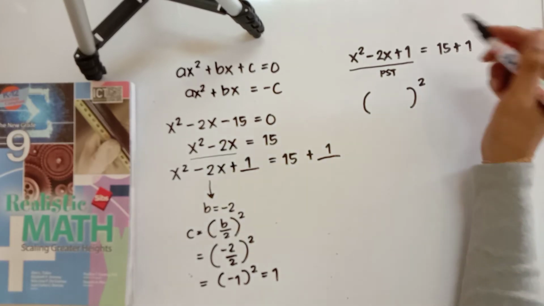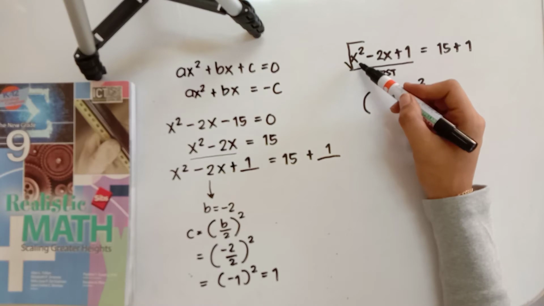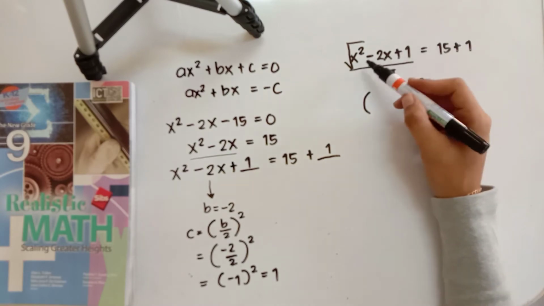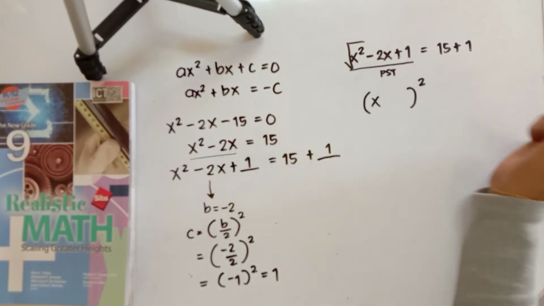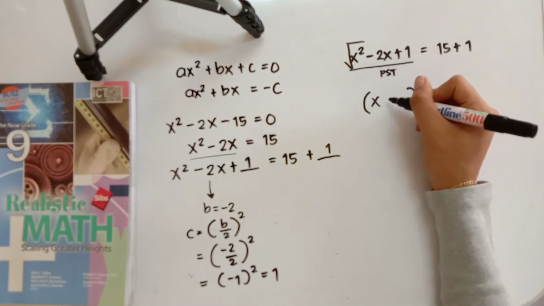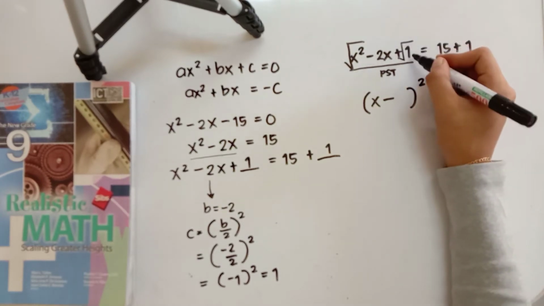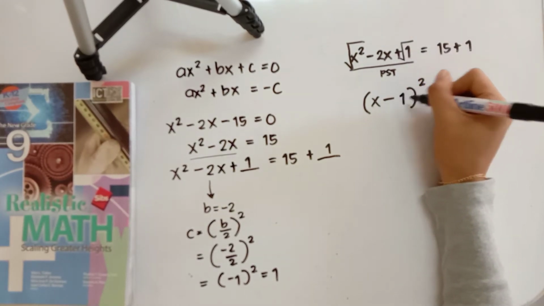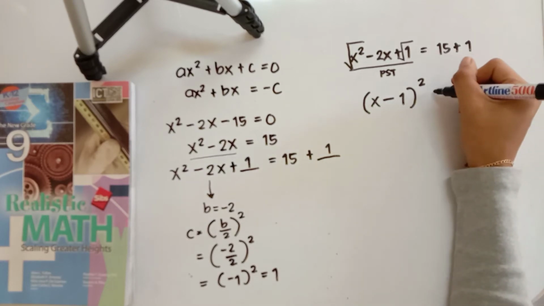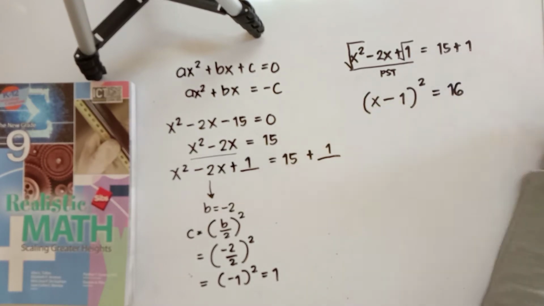The very first thing to do is get the square root of the first term of your PST. The square root of x squared is x. Since the sign of your middle term is negative, this will be negative. Then the square root of your last term, which is 1, to the power of 2, is equal to, combining the two numbers, 16.